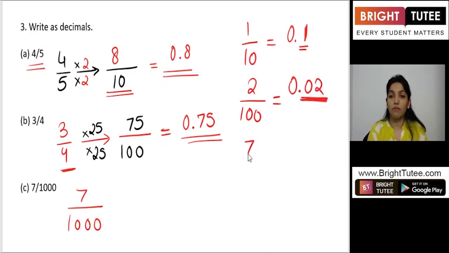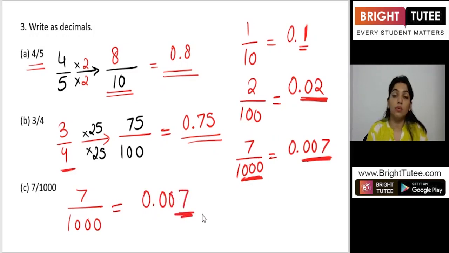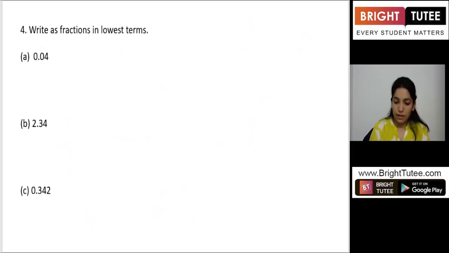If suppose we have got a number which has got 3 zeros here, so we need to have a number which has got 3 numbers after the decimal point. It's not 3, it's a 7. So 7 over 1000 is written as 0.007, where 7 is sitting at the thousandths place. Now what comes after hundredths is thousandths. Okay. Now moving ahead.